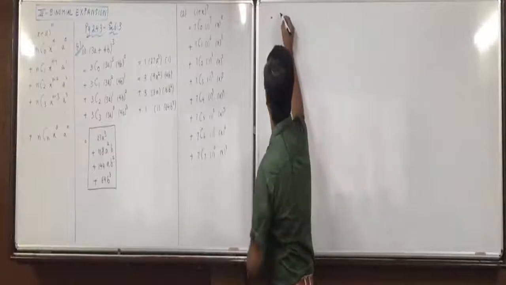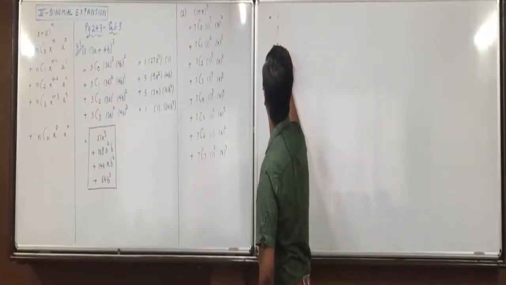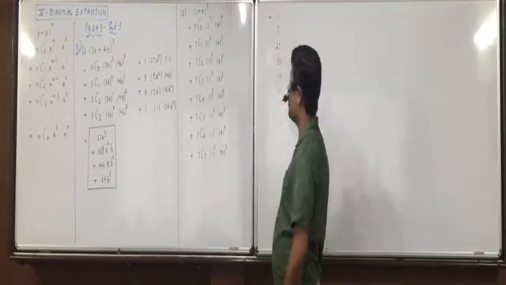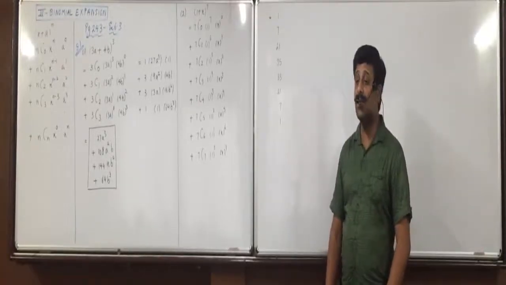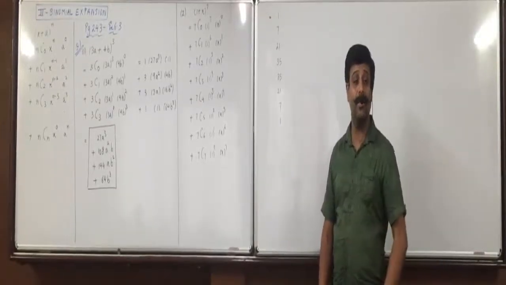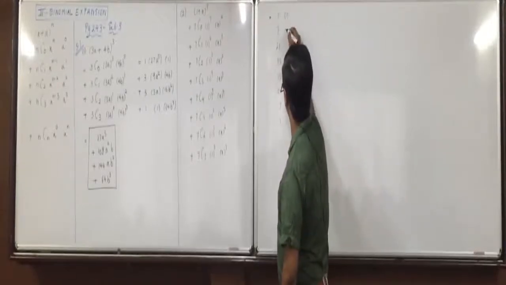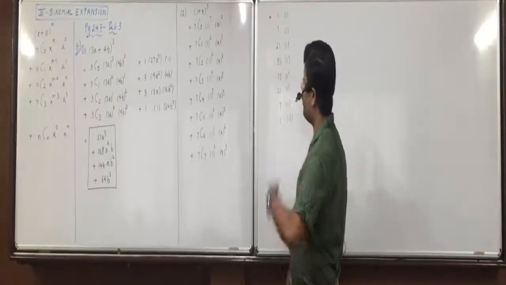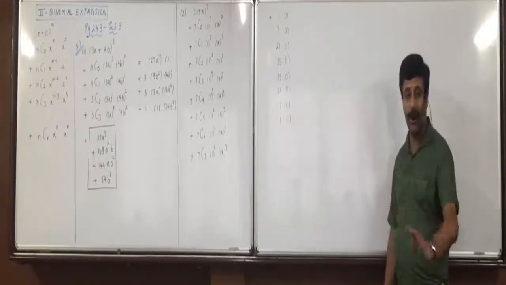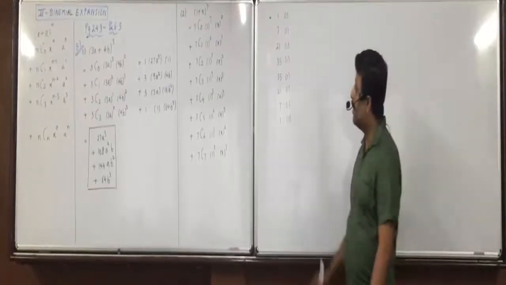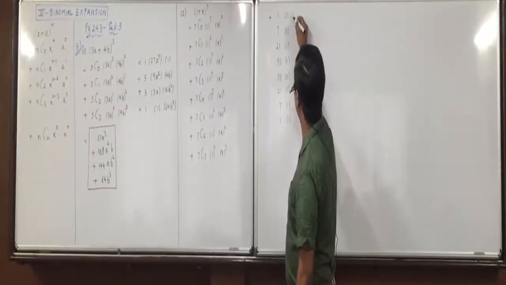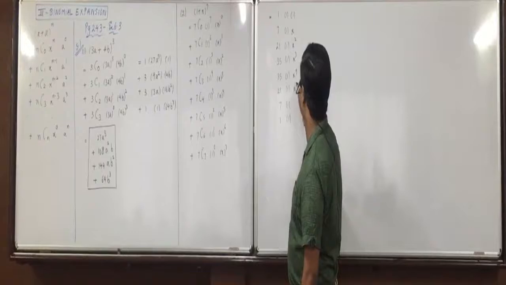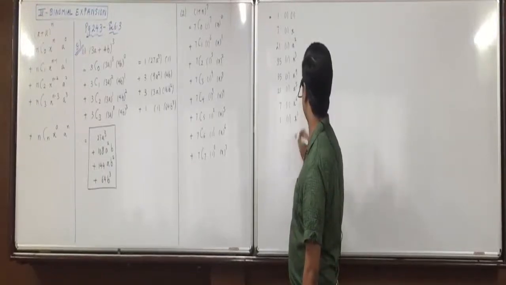Write down 1, 7, 21, 35, 35, 21, 7, 1. 1 raised to anything will remain 1, from 1 raised to 7 till 1 raised to 0. Any doubt with this? And x raised to 0, then x square, cube, 4, 5, 6, 7.